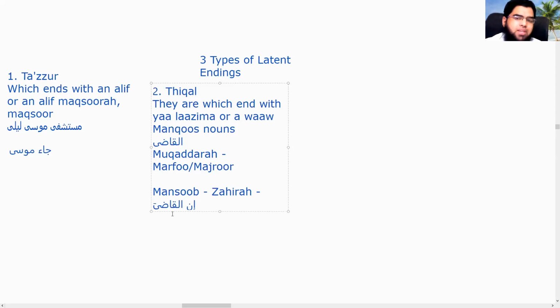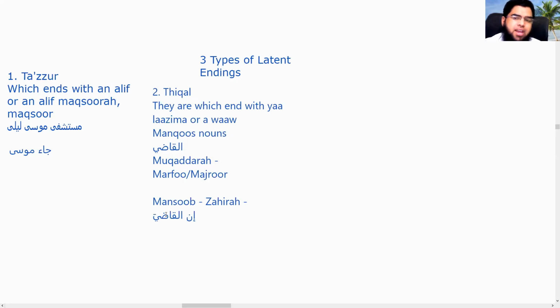So how do you make it mansub? It remains the same. Inna al-qadiya. Or lan yad'uwa. For example, you gave the yad'u example, right? So here you get a fathatun zahira. Is that a real ya? It'll have two dots below. Correct, sahih. Okay.